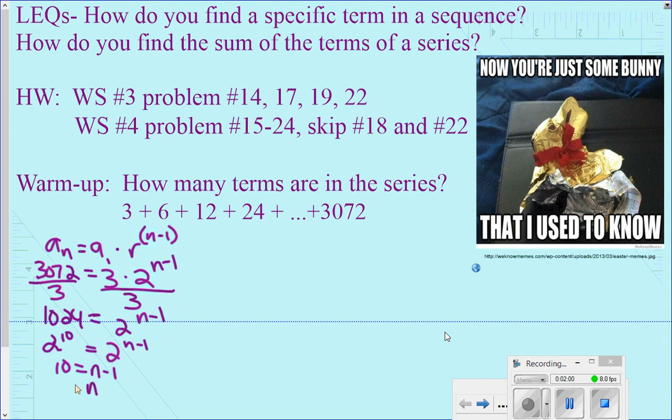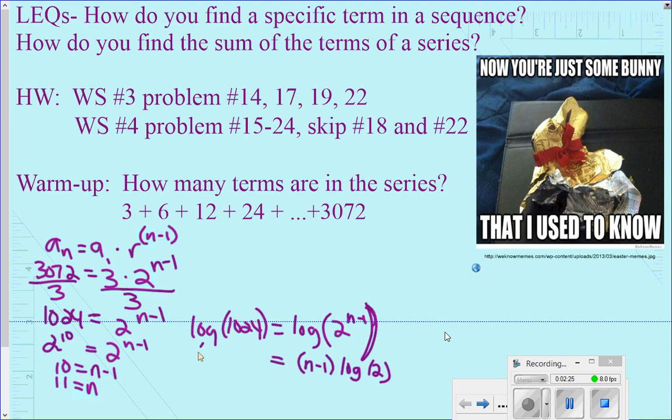So n is 11. Or take the log of both sides. So log of 1024 is equal to the log of 2 to the n minus 1, which means I can use my power property and bring the n minus 1 out front. n minus 1 times the log of 2 is equal to the log of 1024.